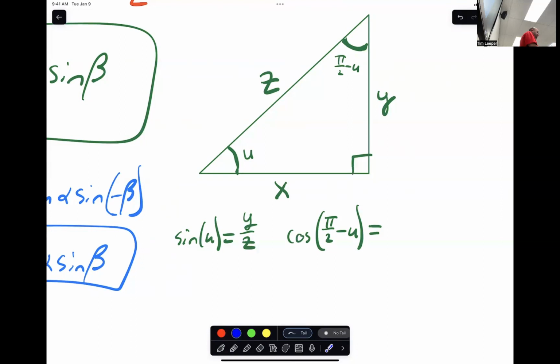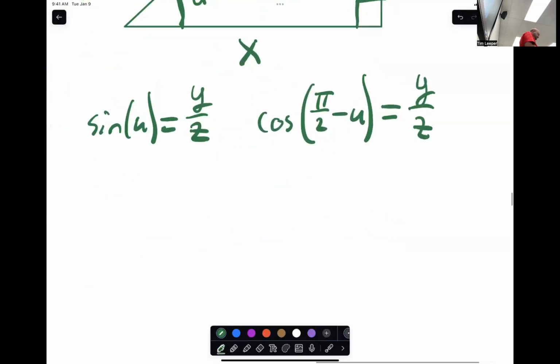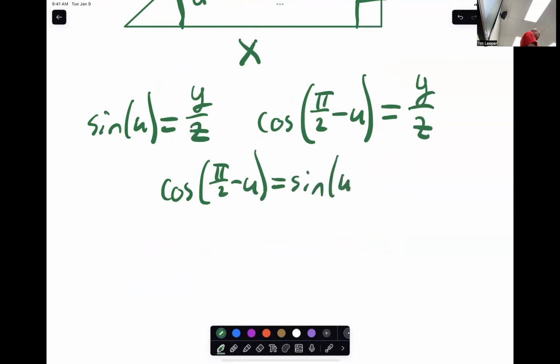What is the adjacent of pi over 2 minus U? It's Y, isn't it? And the hypotenuse is still Z. So this is equal to Y over Z, isn't it? Notice then that cosine of pi over 2 minus U is equal to sine of U.